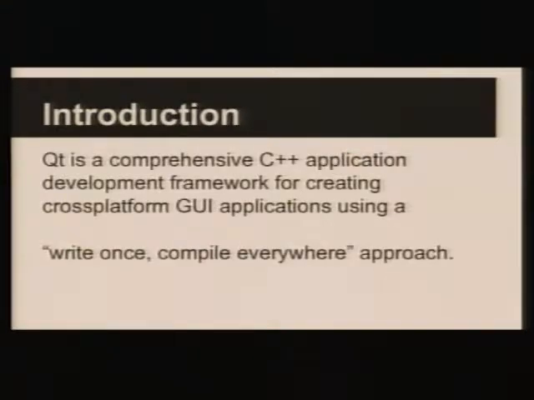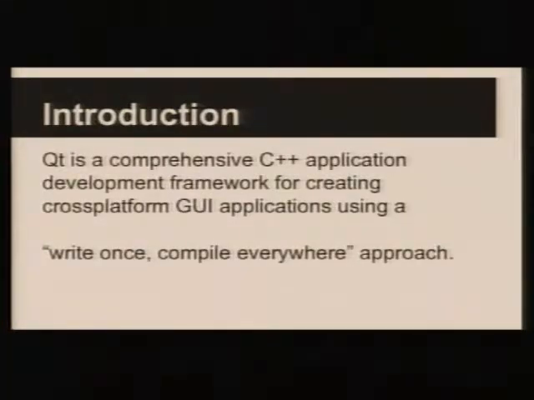By the way, Qt is a comprehensive C++ framework for development of GUI applications using an approach: write once, compile everywhere. So if you have the Qt code, you can compile a graphical interface for Mac, Ubuntu, Linux, Windows, even mobile applications.